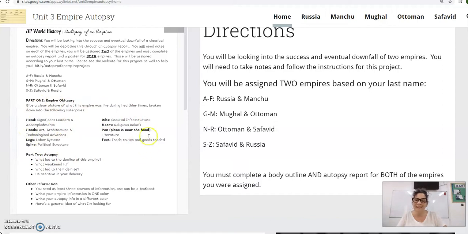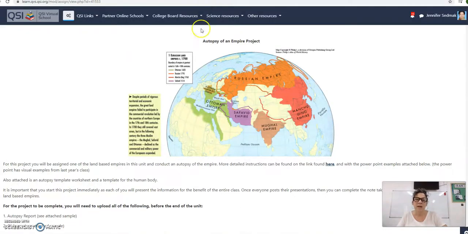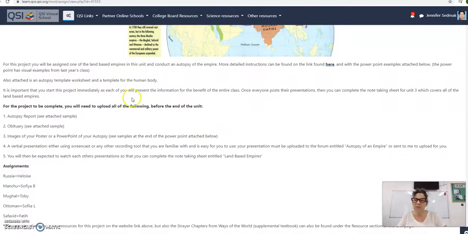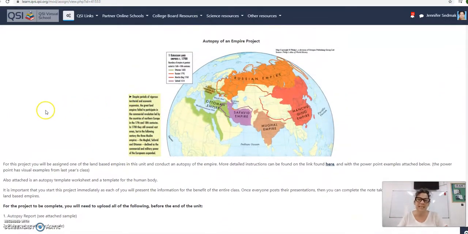So it's really all outlined for you in terms of what needs to be on the different body parts, but I'm going to leave it up to you in terms of how you're going to present it. Because you do need to present it.